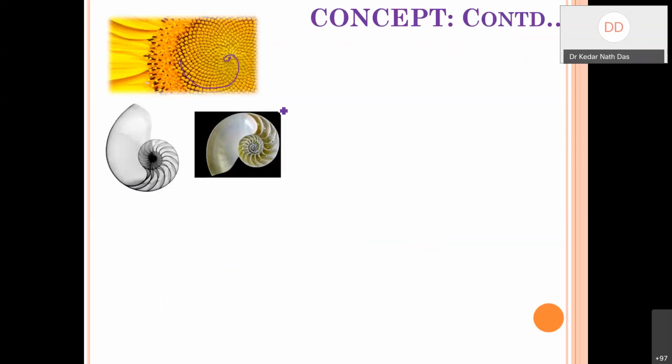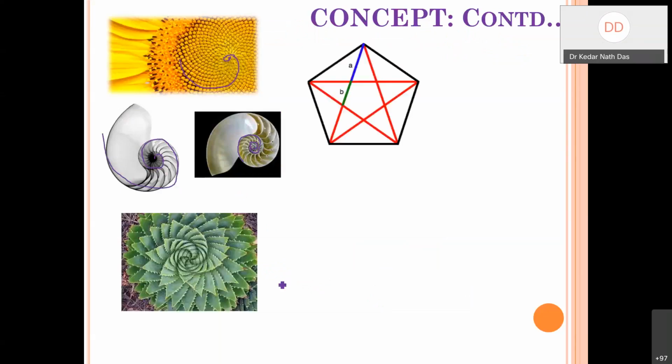Okay, similarly in cells also there is a Fibonacci spiral pattern. You can find it in the cells too. Similarly, you can have some of the petals in the flower. You can have a petal of Fibonacci spiral. If I have a pentagon like this, and we are going to have a David star inside it, then we can have the A to B ratio.